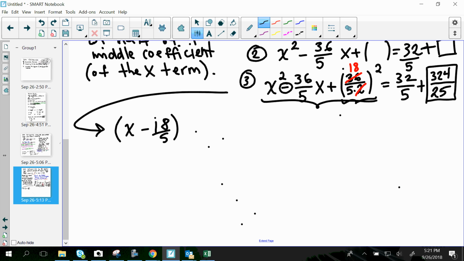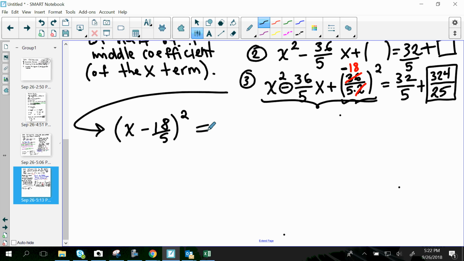Technically there could be a minus in here already because it was negative 36 over 5 divided by 2, which would end up giving me a negative. Either way works out fine. And then we have equals.